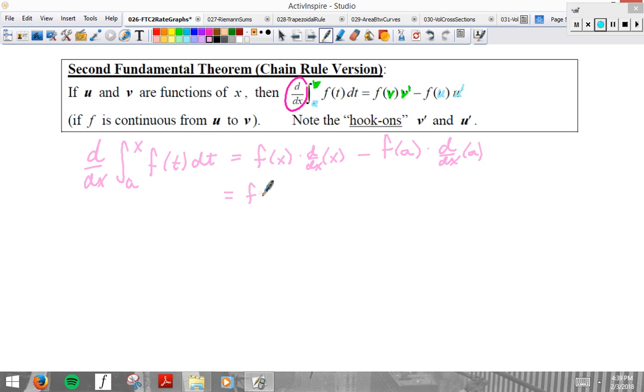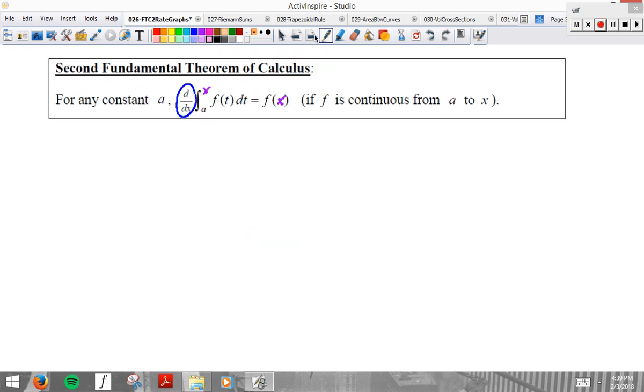Well, the derivative of x is just 1. The derivative of a constant is just 0. So we get f of x minus 0, or just f of x. And this is exactly what we said 2 slides ago. We just get f of x.